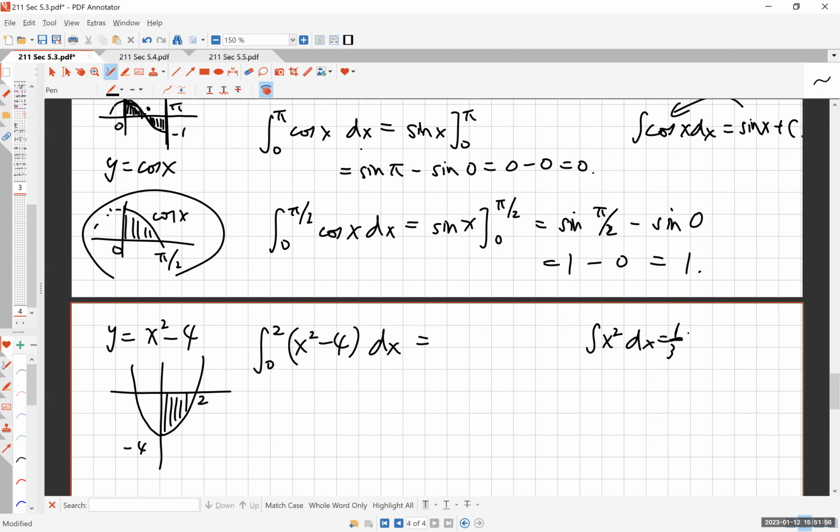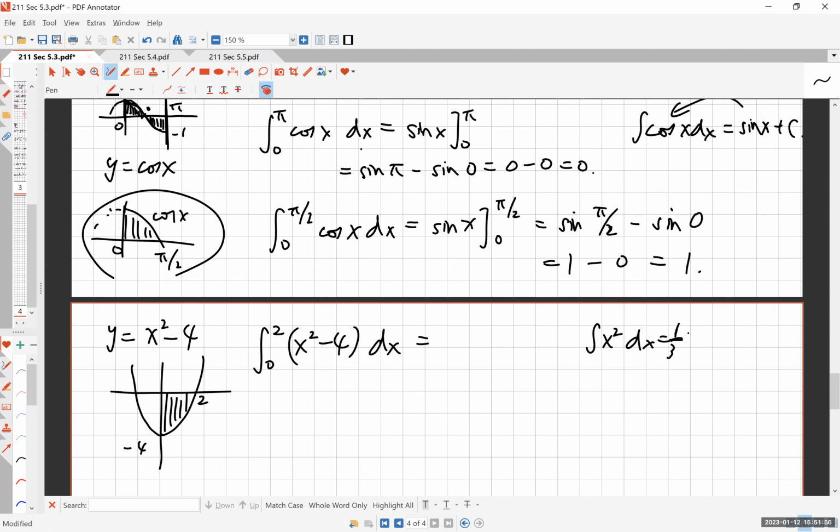And what's the antiderivative or indefinite integral of 4? Clearly, it's 4x. So this becomes 1/3 of x cubed minus 4x evaluated from 0 to 2.